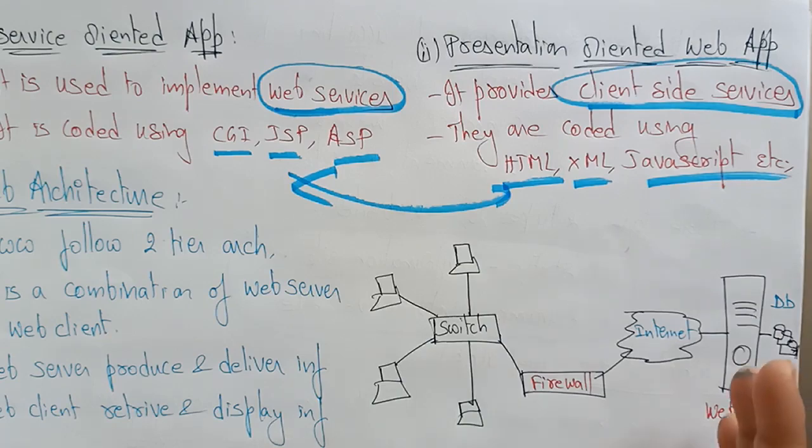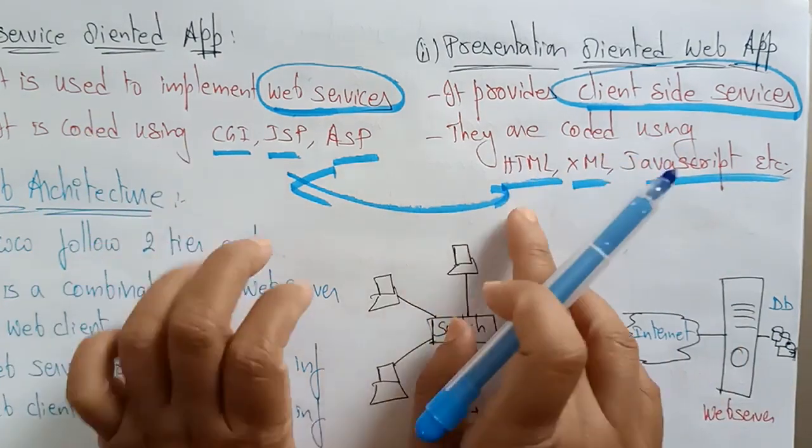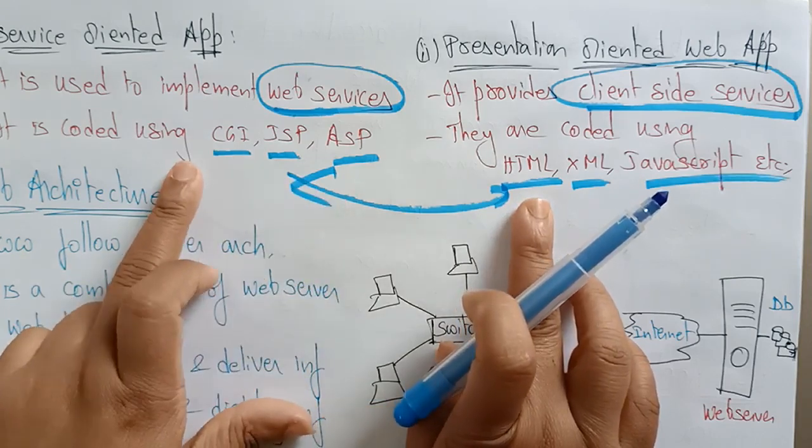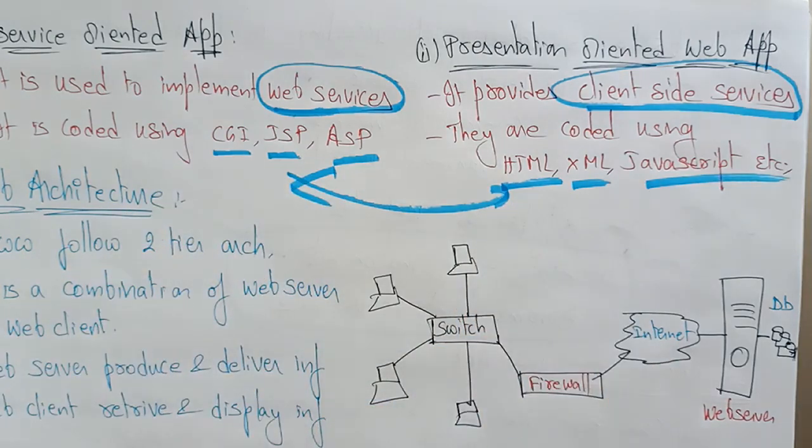The HTML should be connected to JSP, then the website becomes dynamic. So the complete web applications may be service oriented or presentation oriented.